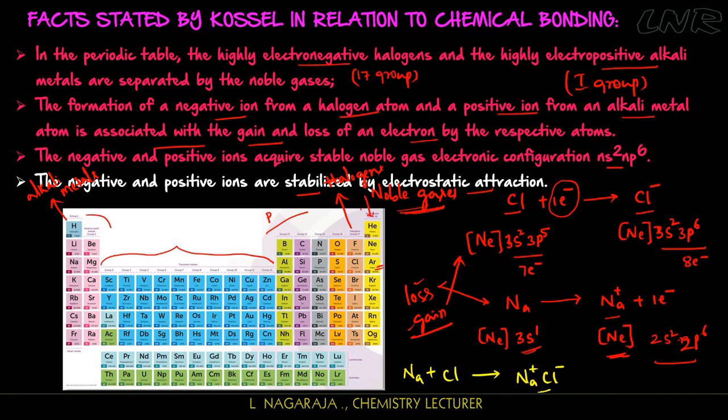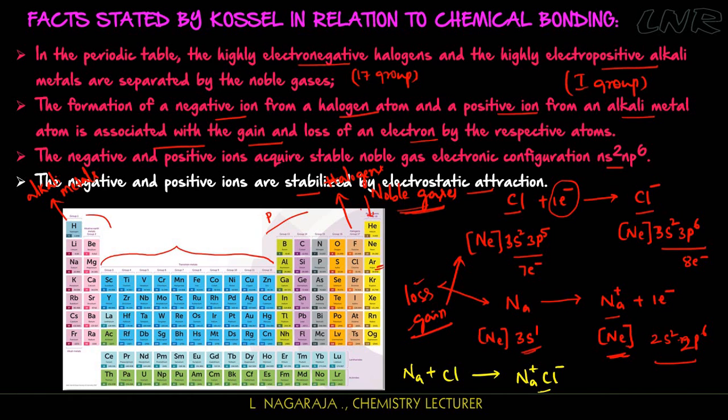So Kossel stated about chemical bonding that in the periodic table, the highly electronegative halogens and the highly electropositive alkali metals are separated by the noble gases, and the formation of a negative ion from the halogen and a positive ion from the alkali metals is associated with the loss or gain of electrons. The negative and positive ions acquire a stable noble gas configuration, that is ns2np6.